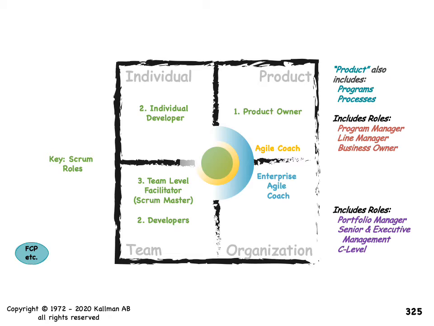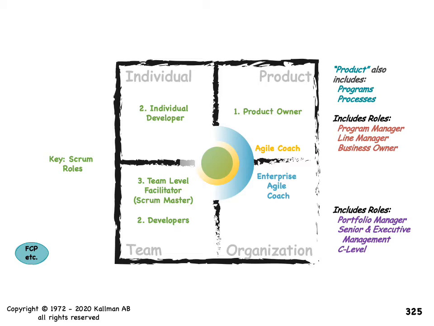Now, where it starts to get a little messy is when I've added in the yellow circle. And I've tried to do these circles in such a way so that, for example, the yellow circle really touches 3 of the boxes. So an agile coach is not a Scrum Master, but an agile coach should do everything and can do everything that a Scrum Master would do.